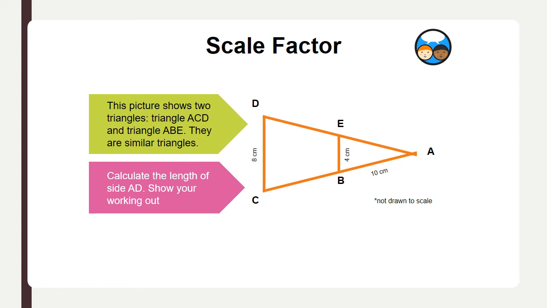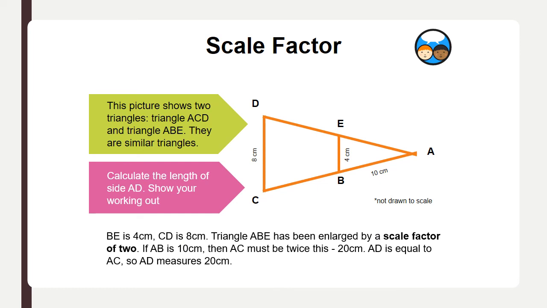So if this side is 10 centimeters, then that side is also going to be 10 centimeters. But that's not all that we need to know. We can see that from 4 centimeters to 8 centimeters, there's a scale factor of 2. It's been doubled. So now we know that AE is also 10 centimeters. We need to multiply that by 2, which gives us 20 centimeters.